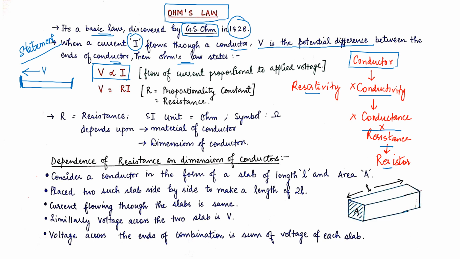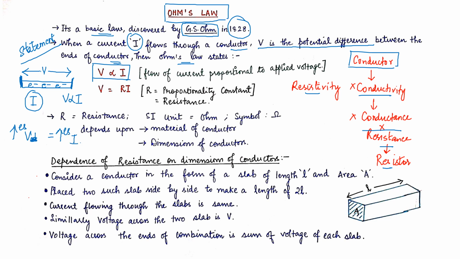So along the conductor the potential is V and the electrons flowing through it give us a current value of I. So the potential along this conductor is proportional to the current. If we increase the potential, the current will increase.